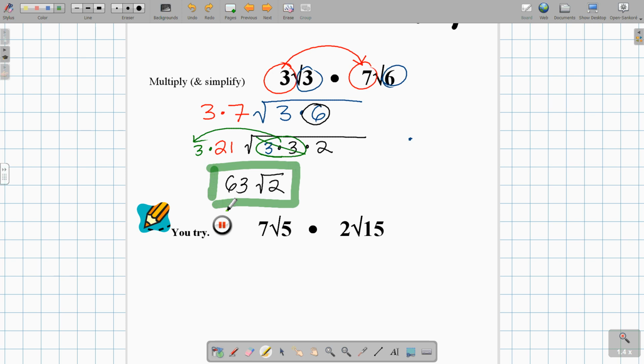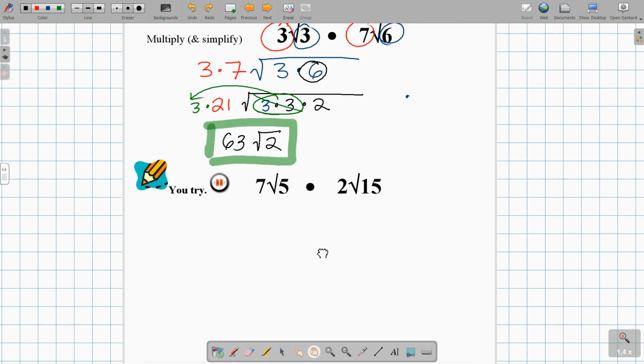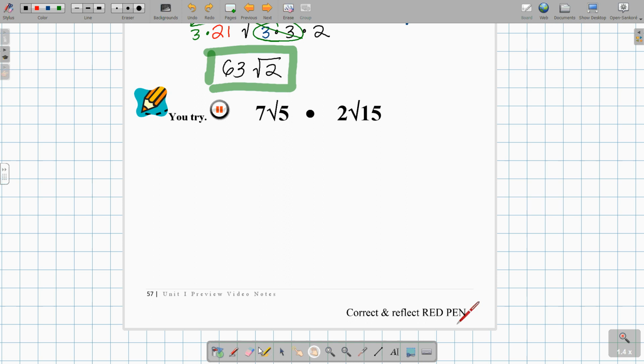You have a partner to break out of jail. 5 times 14. That's 50 plus 20. So that's 70 square root of 3. Outies, innies, simplify.